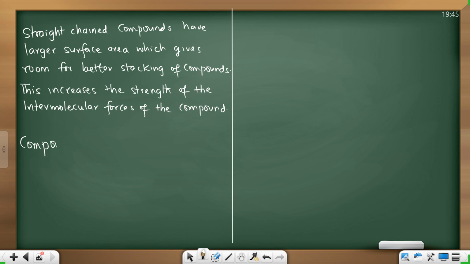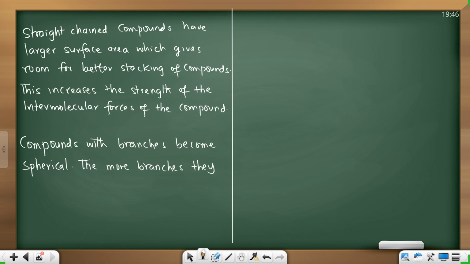Compounds with more branches, or let's say compounds with branches, become spherical. The more branches they have, like we've seen there, I just want to give you the note. The more branches they have, the more spherical they become.